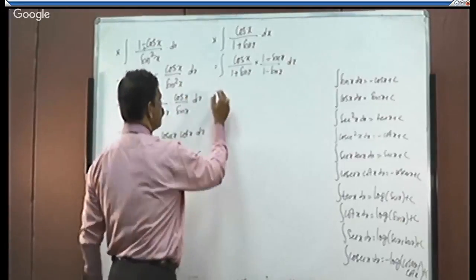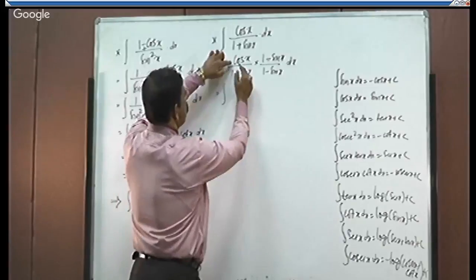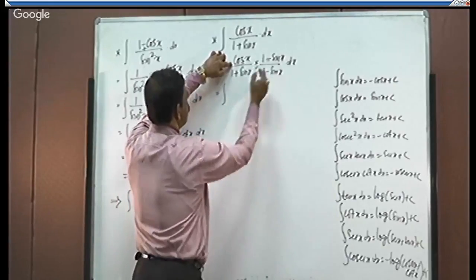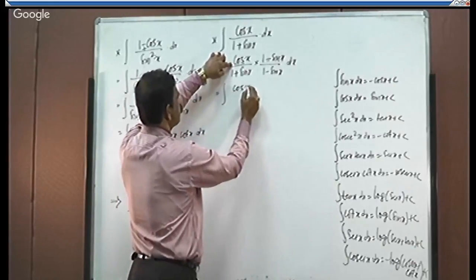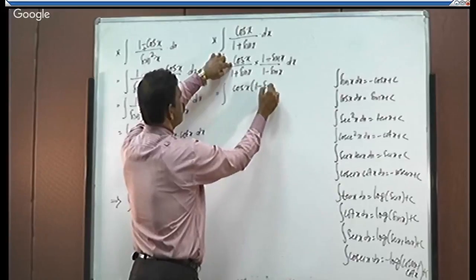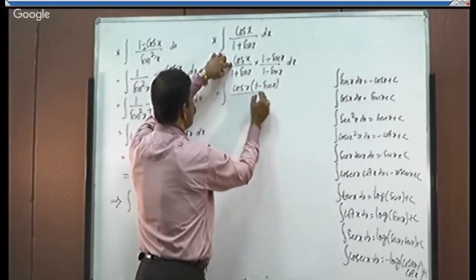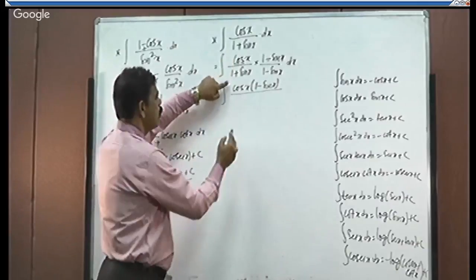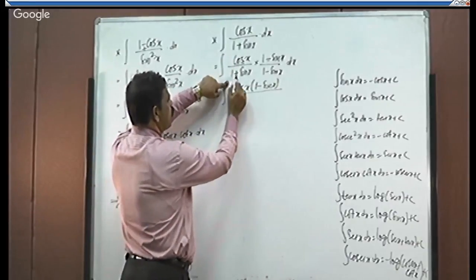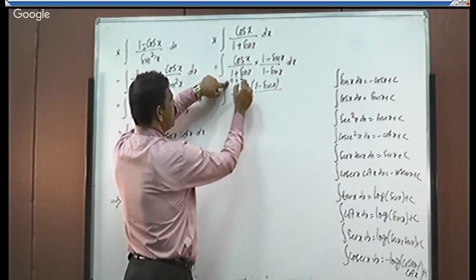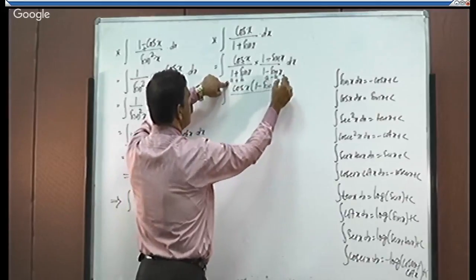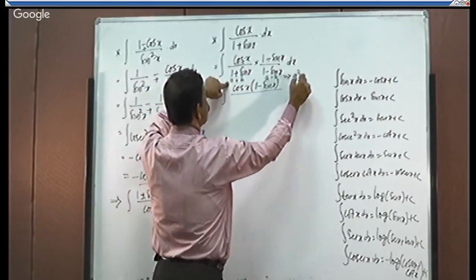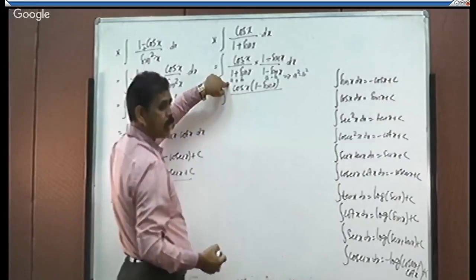Now multiply the numerator with the numerator, cos x into 1 minus sin x, whole divided by, see the denominator, it is of what form? a plus b into a minus b is equal to a square minus b square. Is it right?